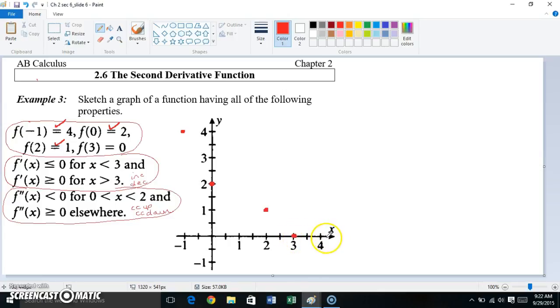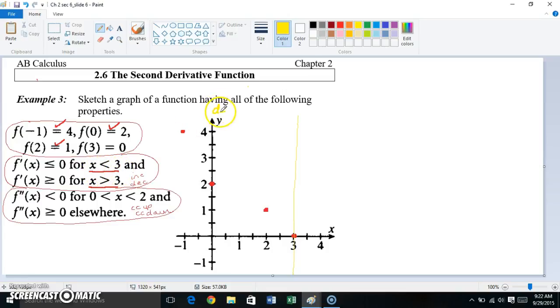Okay. All right, so we have those points on our graph. Now I'm going to look, and it says there's a dividing line at x equals 3. So I'm just going to put this on here. That's a dividing line for where my function is going to be. If my derivative is negative, my function must be decreasing for x less than 3.